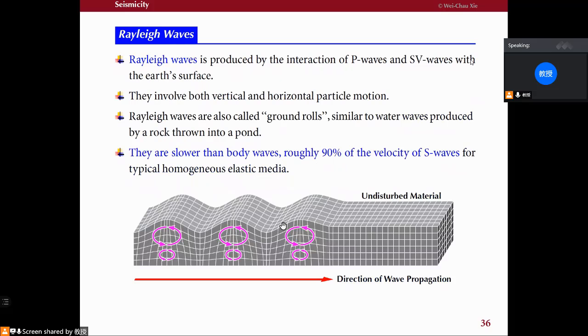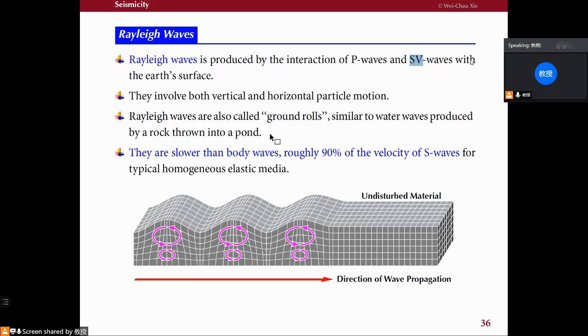Now we have two types of surface waves. Rayleigh waves. Rayleigh waves are produced by the interaction of P waves and shear vertical waves with the Earth's surface. They involve both vertical and horizontal particle motion. Rayleigh waves are also called ground rolls, similar to water waves produced by a rock thrown into a pond.